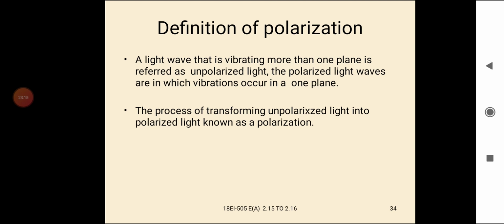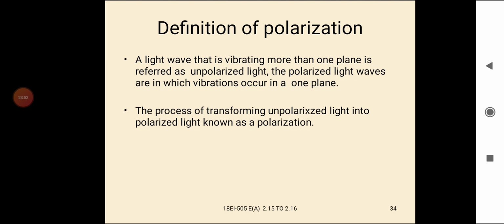Definition of polarization: a light wave that is vibrating in more than one plane is referred to as unpolarized light. Polarized light waves are those in which vibrations occur in one plane.